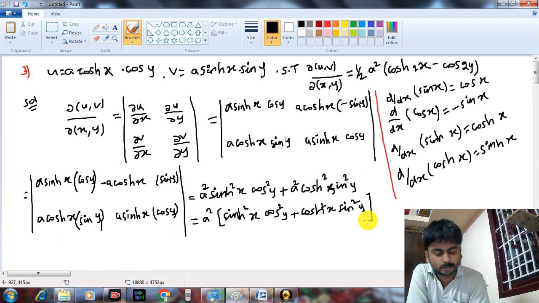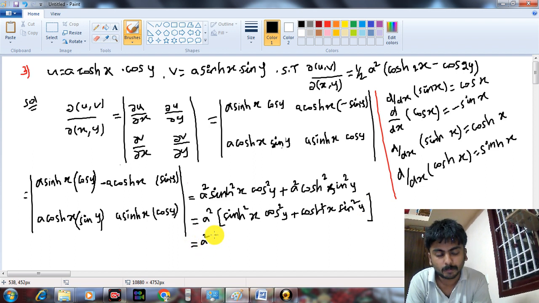Now sin h square x we are having, cos square y we are having, plus cos h square x we are having, and sin square y we are having. So I am using the formula for cos square y. This cos square y is 1 plus cos 2y by 2.